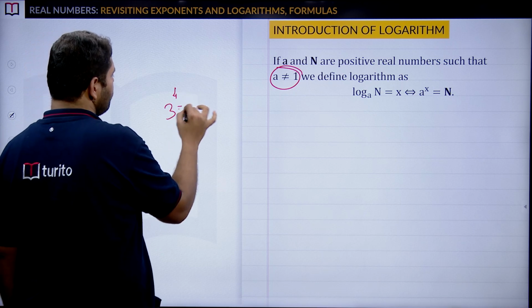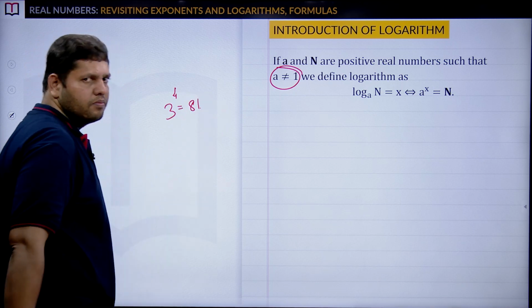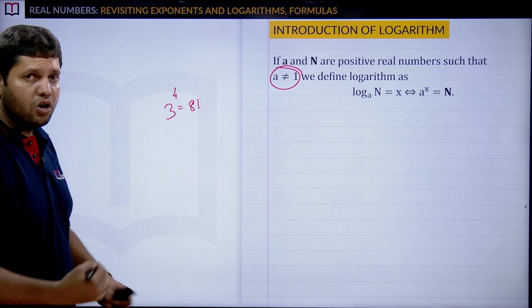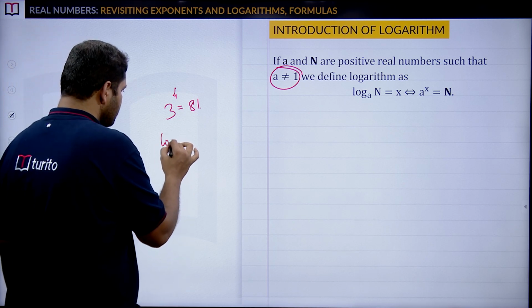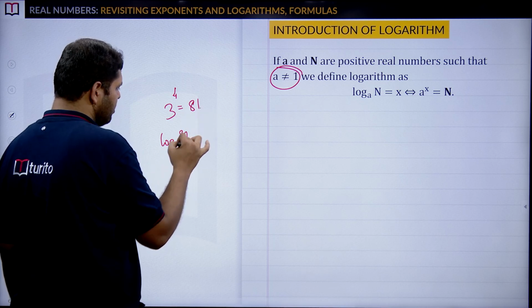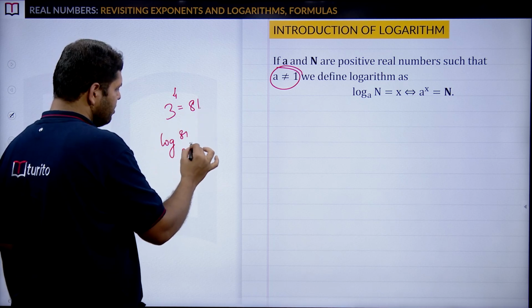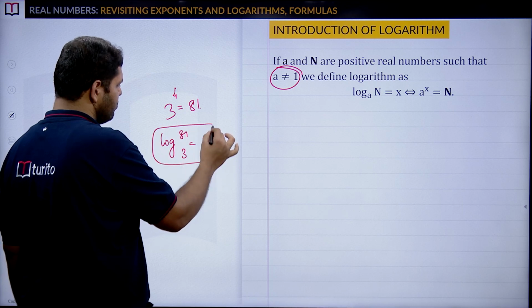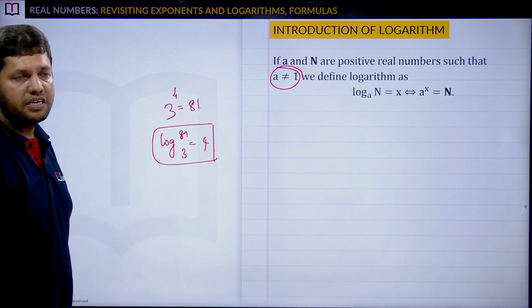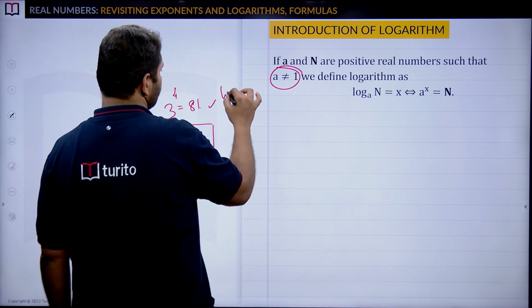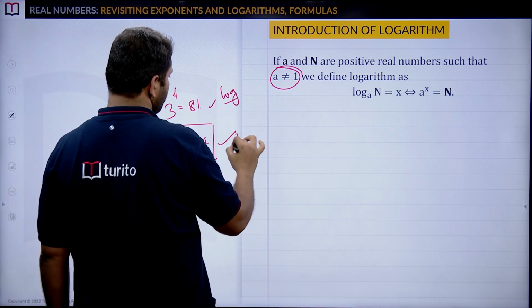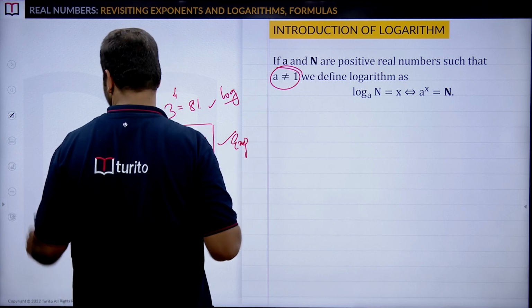3 to the power of 4 is equal to what? 81. Yes or no? Like 3 into 3 into 3 into 3. So how do we represent the logarithm form? It's very simple. Write down log of 81 here, the base 3 you can write here, and the answer is 4. So log 81 with base 3 is equal to 4.